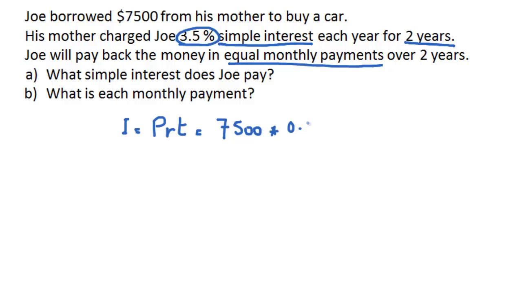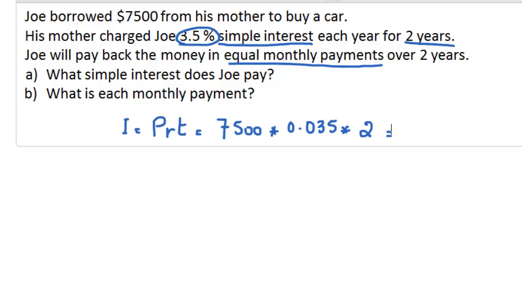So it's going to be 0.035. I hope you understand this one. It's 3.5 divided by 100. Now, times... we are saying this is for 1 year, but actually he is borrowing that for 2 years. So times 2. Now let's see with the calculator.